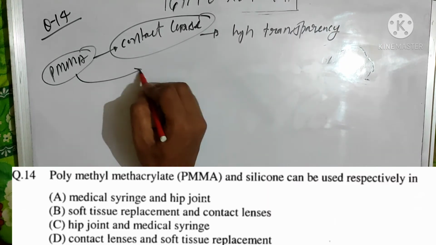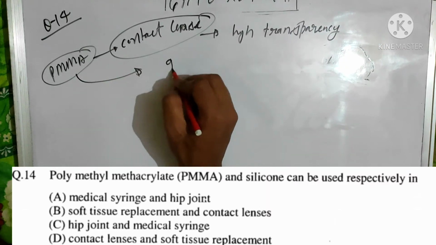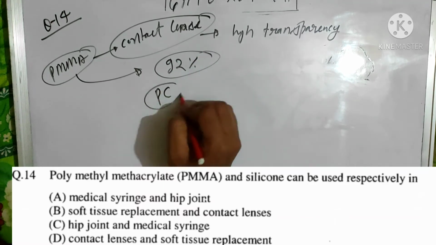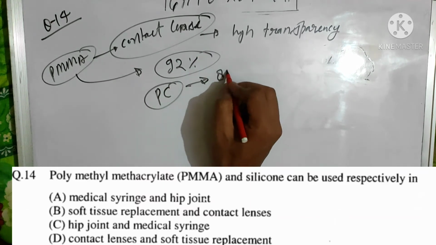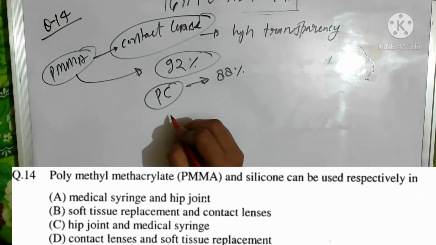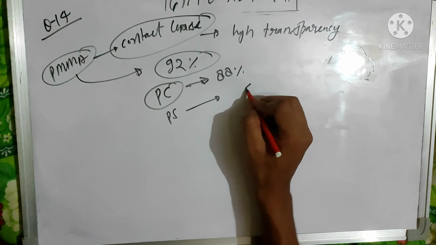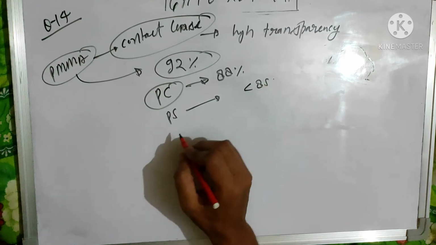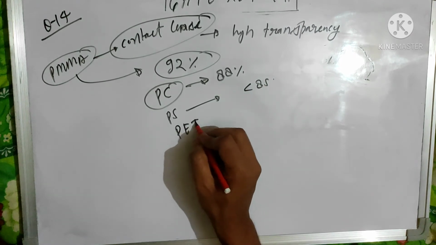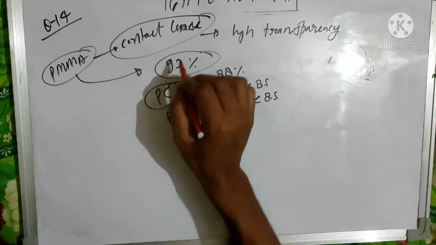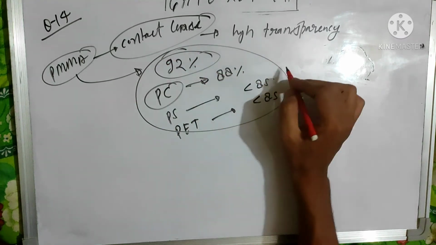The transparency of polymethyl methacrylate is around 92%, the transparency of polycarbonate is around 88%, the transparency of polystyrene is less than 85%, and the transparency of PET is also less than 85%. Know these values.